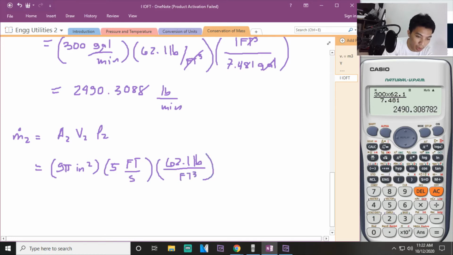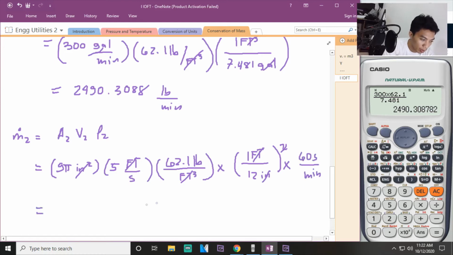Kailangan i-feet squared natin to. So, we will multiply 1 foot over 12 inches, squared natin yan para naka-feet squared. So, cancel na yung inch squared, yung feet cube. Ang matitira, pound per second. So, mumultiply na lang natin ng 60 seconds per minute.